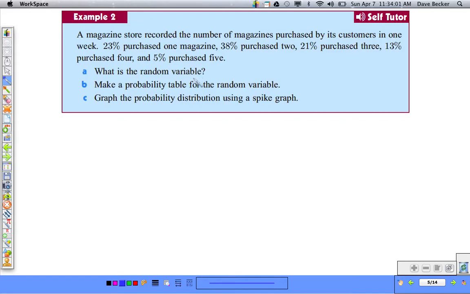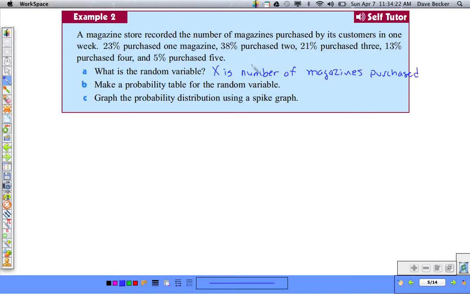Well, the random variable, x, is the number of magazines purchased. That's easy.